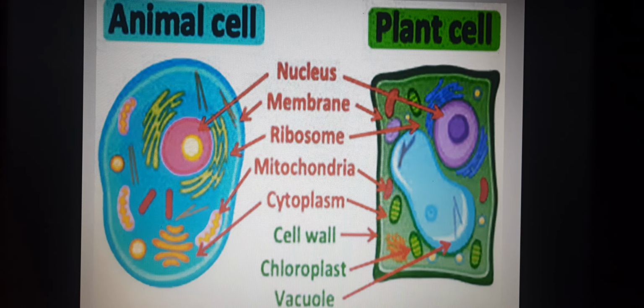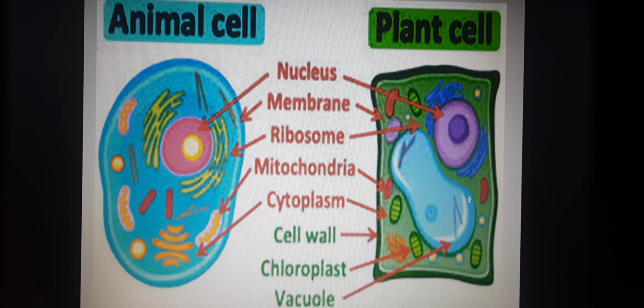Dictyosome is present in the plant cell. In the animal cell there are the centrosomes. Cell wall, chloroplast and vacuoles, these three things are mainly present in the plant cell, but in the animal cell these are absent.